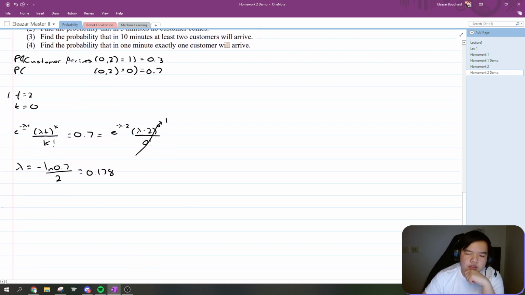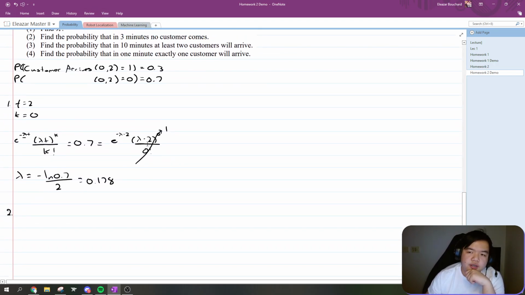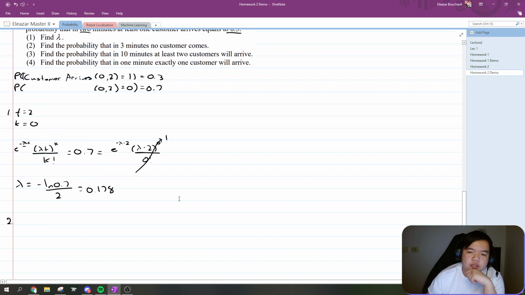And so we have number 2, which is to find the probability in 3 minutes that no customer comes. So that is basically 0 to 3 equals 0. We'll use this formula again, and because we have 0, this whole thing just becomes 1.